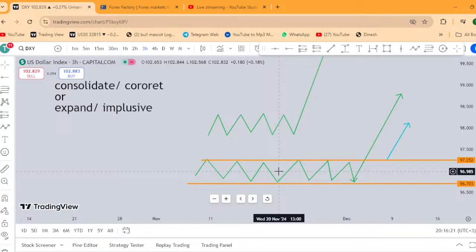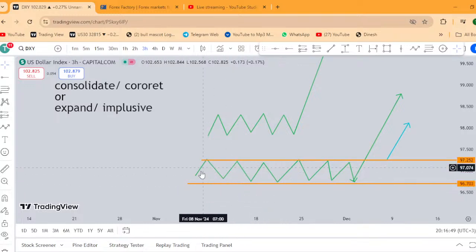So I always tell people to avoid consolidating markets. The reason I'm telling you to avoid them is because you can't tell whether we are buying or selling. So how am I going to know that now I'm buying or selling? As soon as I see a bullish expansion, or you can call it a bullish impulsive move, it indicates that this area has now been conquered by the buyers.